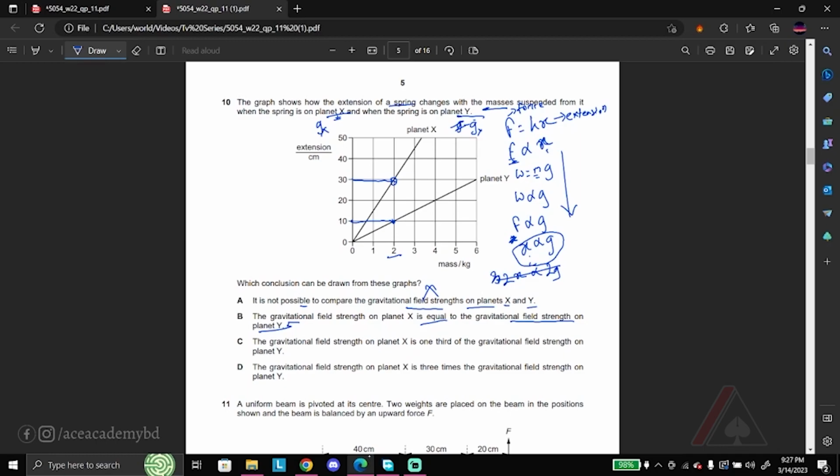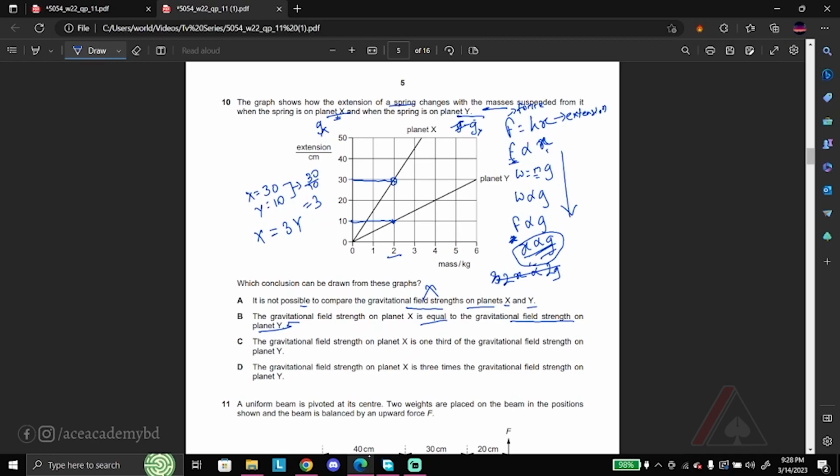So we can see X is 30, Y is 10. If we ratio them, 30 by 10, then we get 3. So in other words, we can write the extension of X is equal to 3 times that of Y.